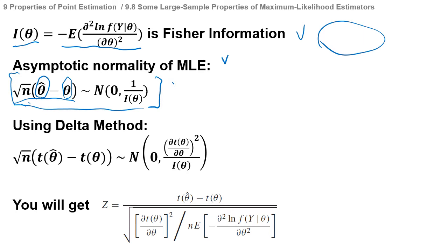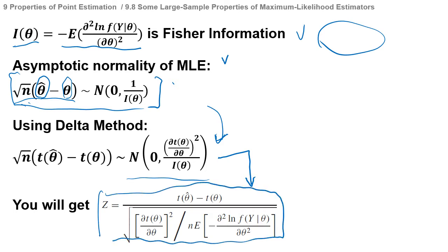And by using the delta method, you can prove that square root n times t(theta hat) minus t(theta) will follow this thing. And actually, from this distribution, this one can be directly proved. So from here, if you define your z like this, then this will follow normal 0, 1.